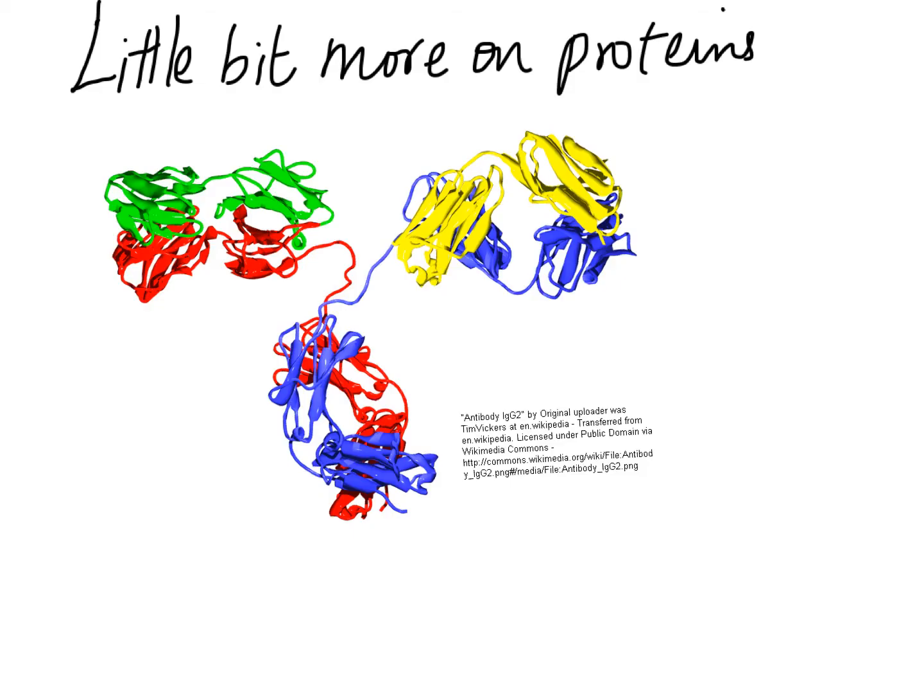What you see here is an antibody, which has that Y shape, and you can see it is a huge molecule made up of thousands of amino acid units. So this is an example of a protein.